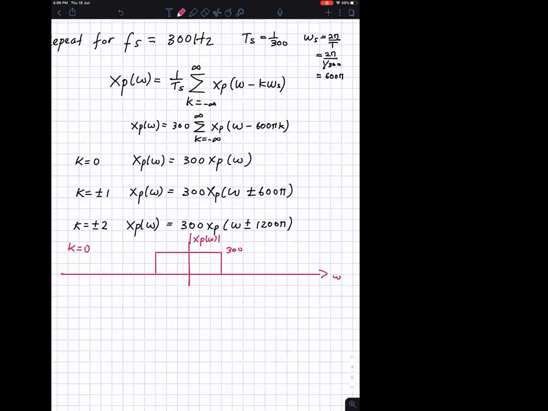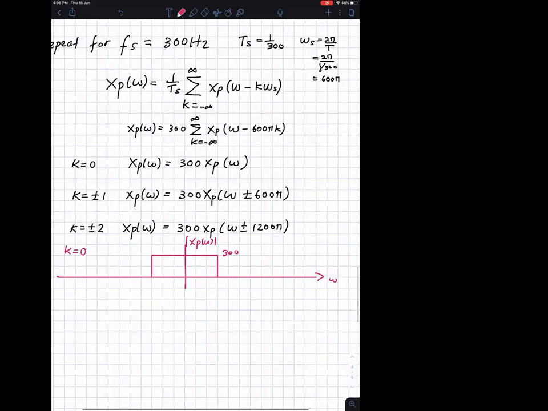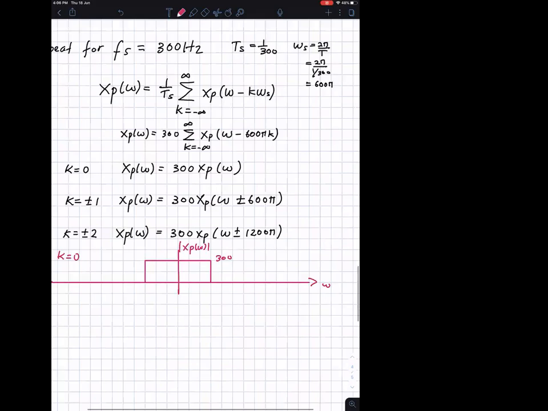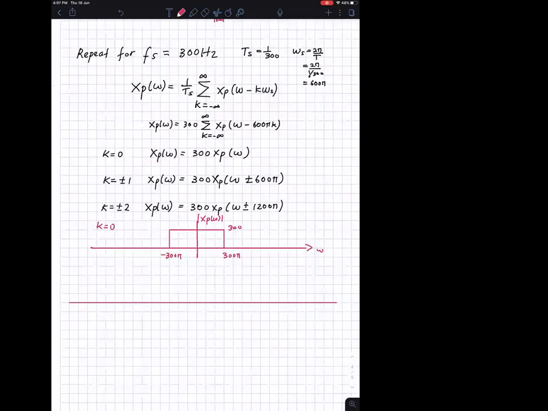Same as before, plus minus 300, right? When k is equal to 0. When k is plus minus 1, the signal is going to be copied to plus minus 600.